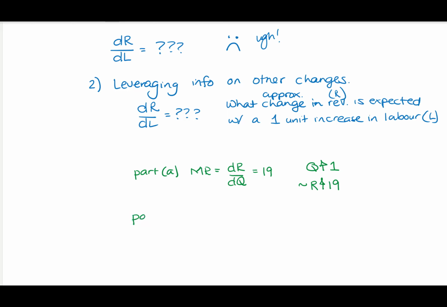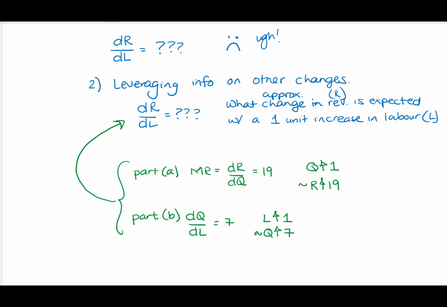And in part B, we learned that dQ/dL was equal to 7. And what that means is that when L increases by 1 unit, we expect an approximate change in Q of 7 units.